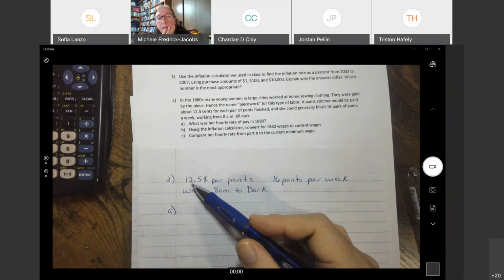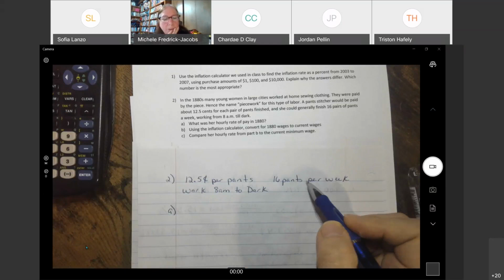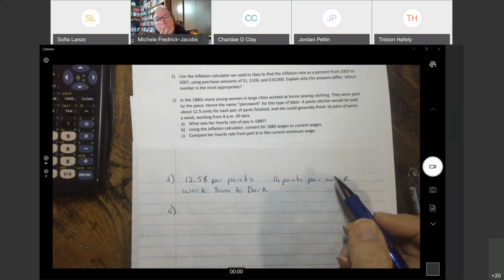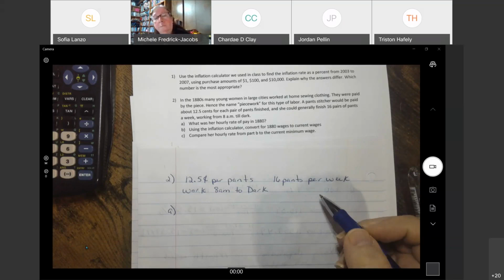Well, we know she makes 12.5 cents per pant, and she makes 16 pants per week. So 16 divided by 7? Or are we doing a 5-day work week? Well, that's another thing that depends. They probably did not work on Sundays in the 1880s. Maybe not even on Saturday. So then it's 16 divided by 5? You could do that.